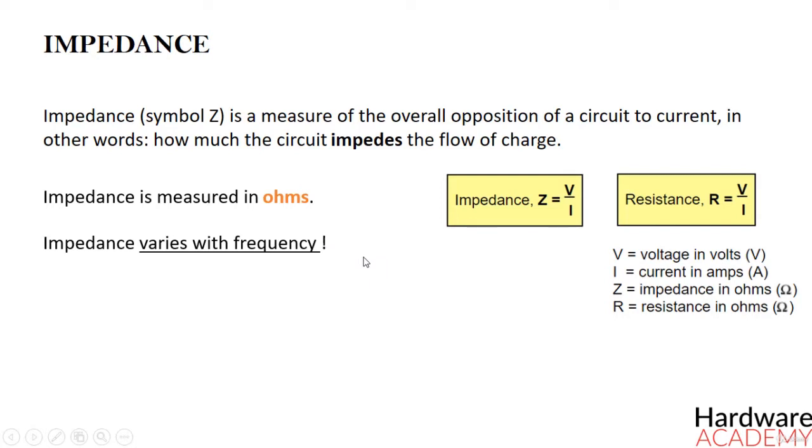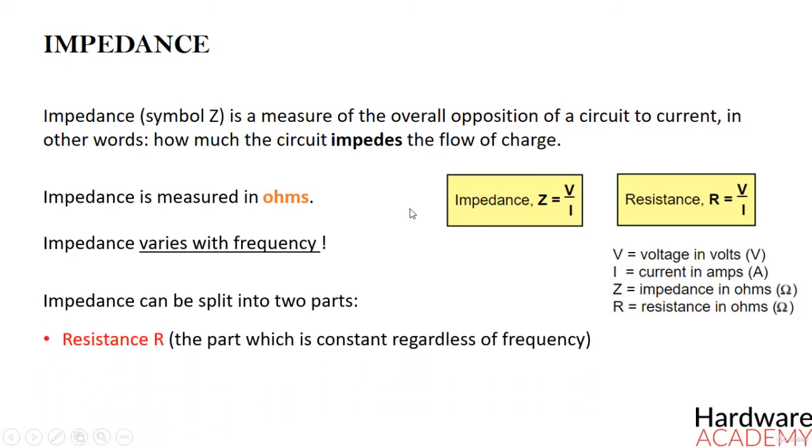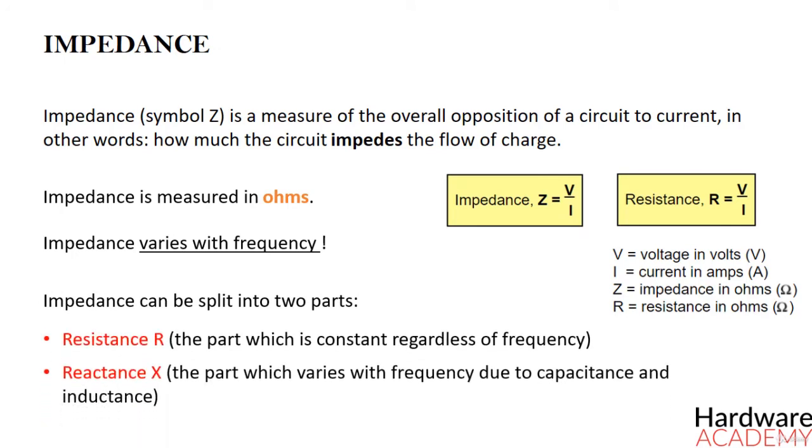So both resistance and impedance are measured in ohms, but resistance doesn't vary with the frequency of the current passing through the circuit, as opposed to the impedance, which, because it takes into account the capacitance and inductance, does vary with the frequency.